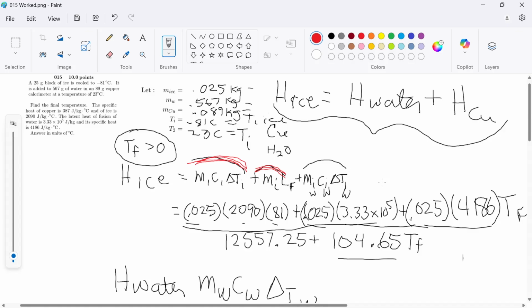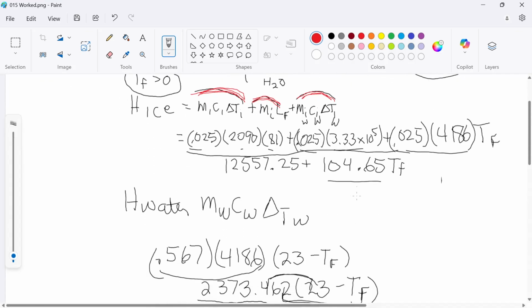And then the ice water is going to increase in temperature, and that's MC delta T again. The mass of the ice water, still the same mass, times the specific heat of water, times the temperature change, which is going to be from zero to whatever the final temperature is.